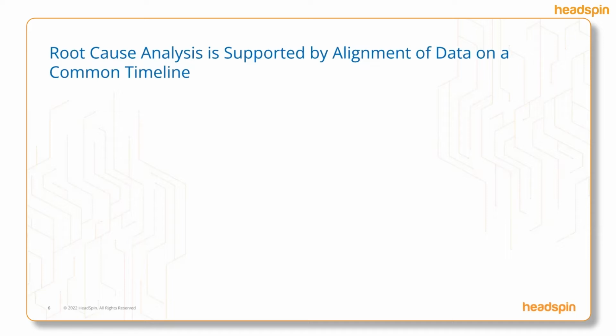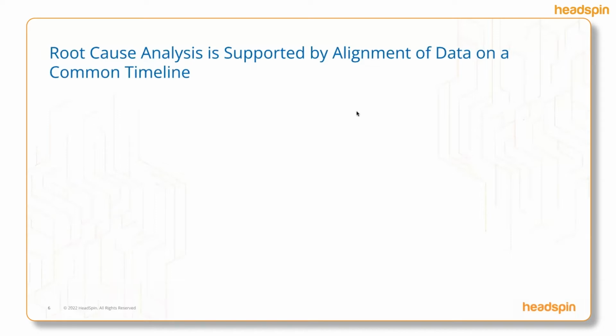Any developer can access, for example, the device logs, and they don't need HeadSpin to do that. But HeadSpin provides value by capturing all this data, bringing it all together, and creating a story out of the data for each of these tests and each of these applications.